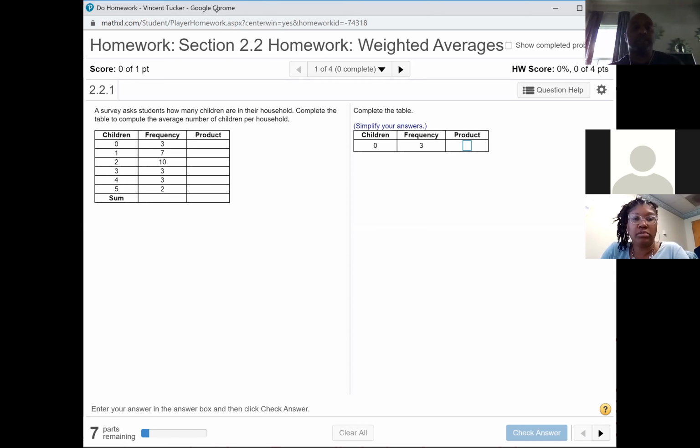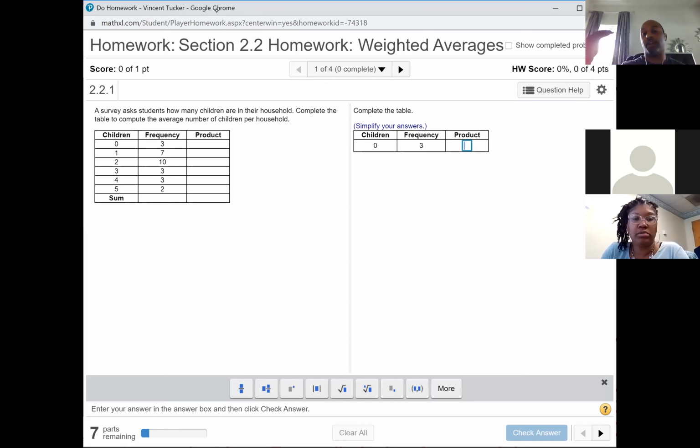And product, as far as math is concerned, is just multiplication. So when you look at this first answer that they want from you, 0 times 3 is 0. Hold on 1 second. So that's going to be 0.